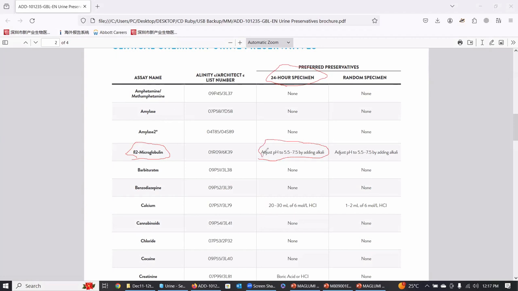You have to check that the pH is between 5.5 and 7.5 by adding alkali. For random urine, you also have to maintain the pH at 5.5 to 7.5 by adding alkali.